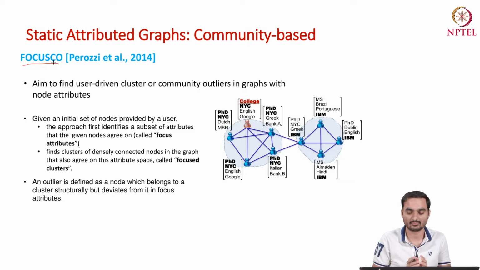FocusCo is an algorithm which identifies community centric outliers from a static attributed graph. So, let us take an example. Let us say this is the graph and there are two communities. This is one community, and in this community there are 5 nodes and each node is associated with 4 attributes.